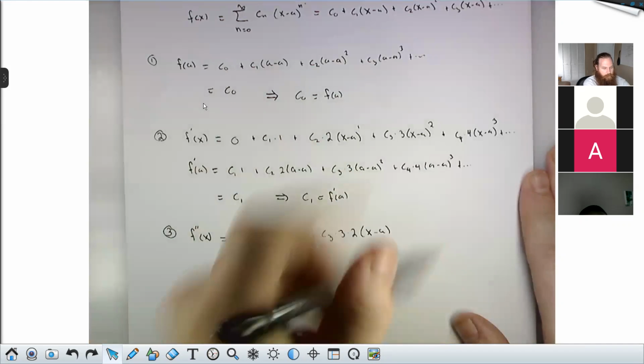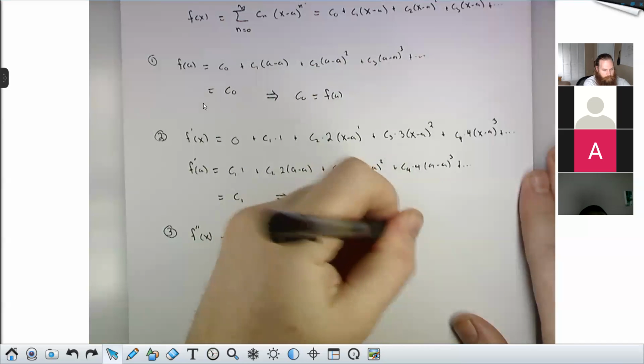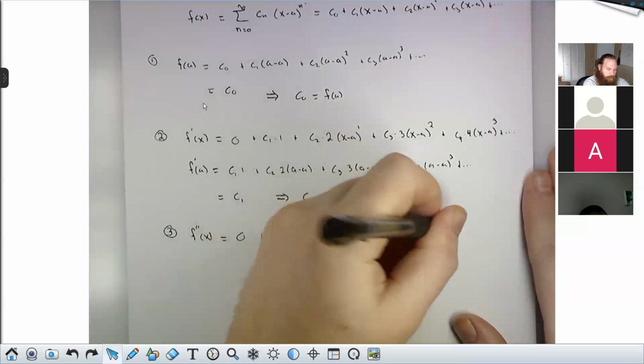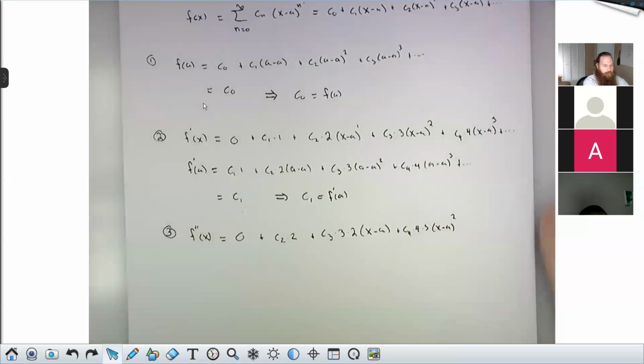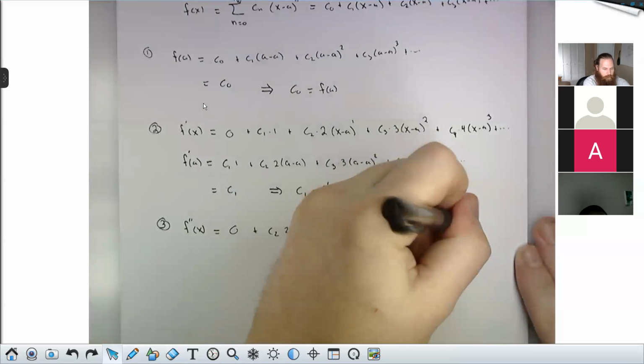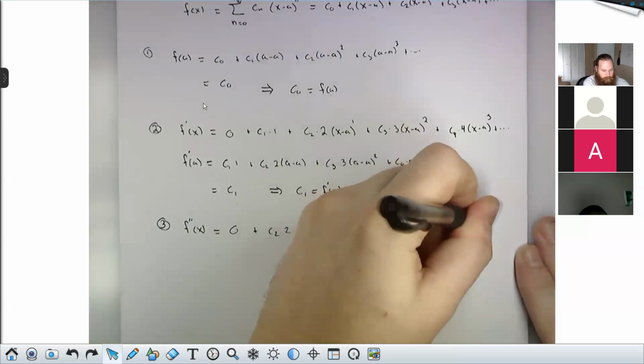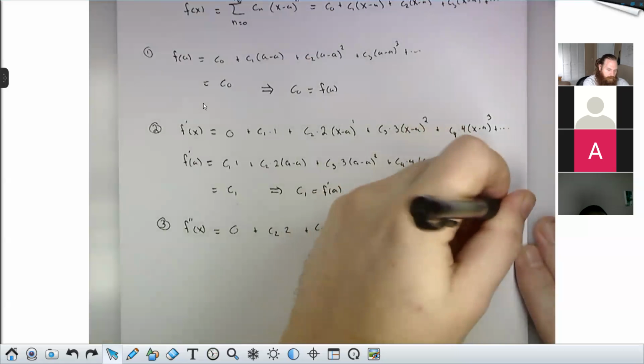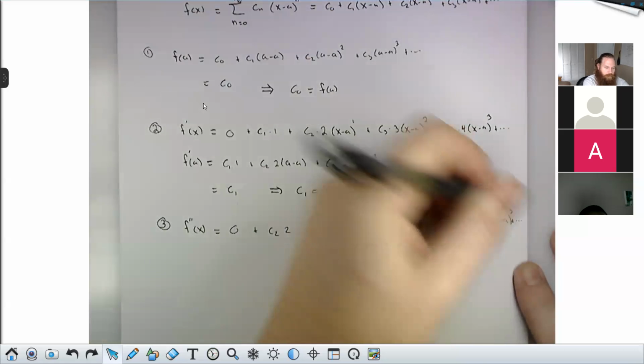When I differentiate this piece, I'll have C4 times 4 times 3 times x minus a squared. The next term would look like C5 times 5 times 4 times x minus a cubed, and it goes on.